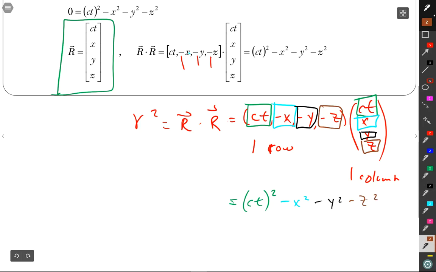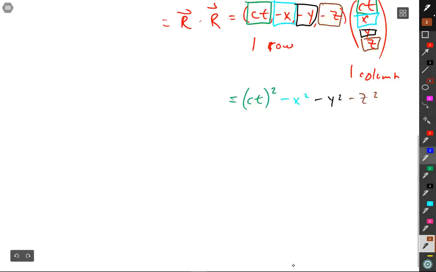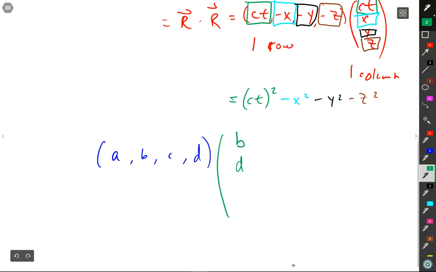So what if they were different? You would still use the same format. Let's just do a general one. I think this is what you're asking. Let us say I have A, B, C, D, and I multiply that by B, D, C, A. I use the same variables in both just because I didn't want to get myself too out of whack.